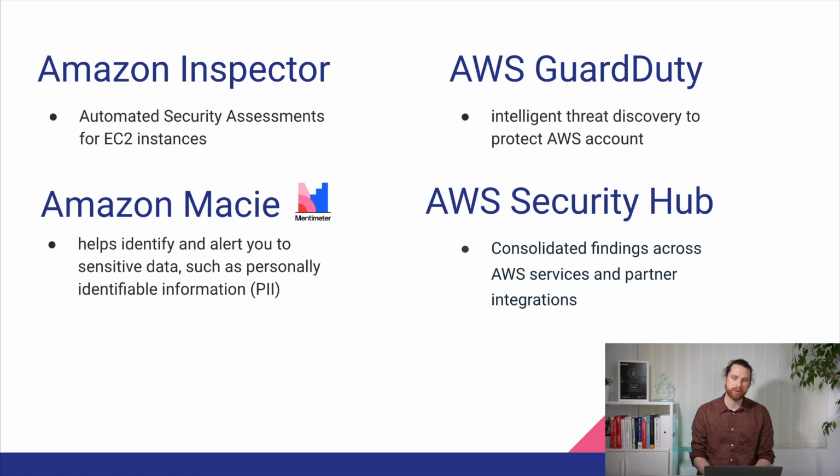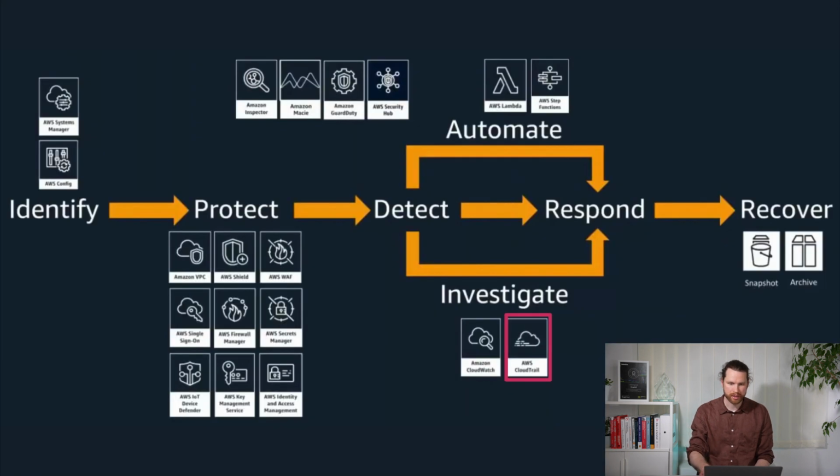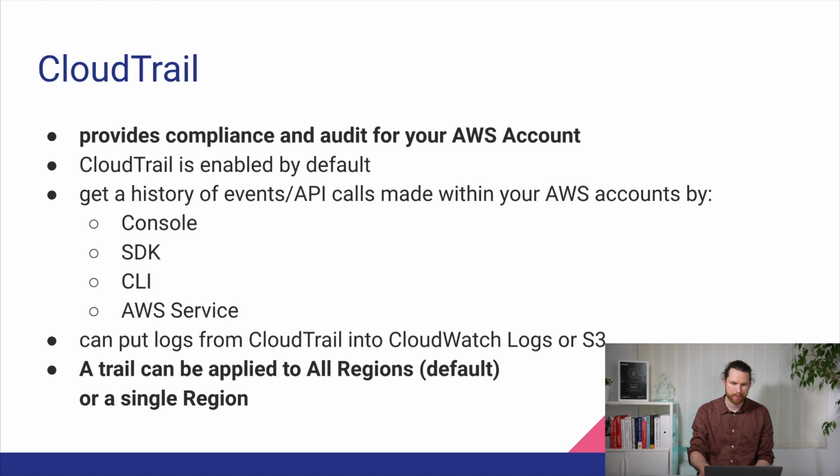And if so, then you should go to AWS Security Hub. That gives you consolidated findings across AWS services and partner integrations. With AWS Security Hub, you can integrate with your own SIEM system or your ticketing system.